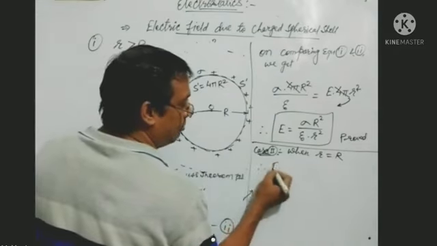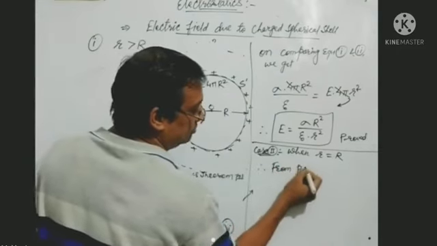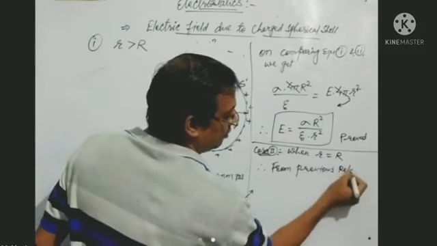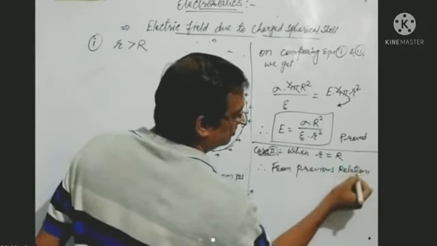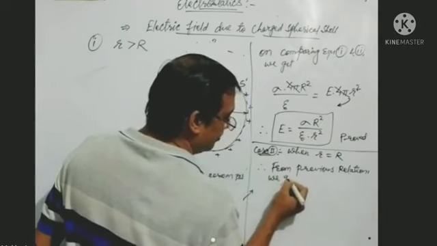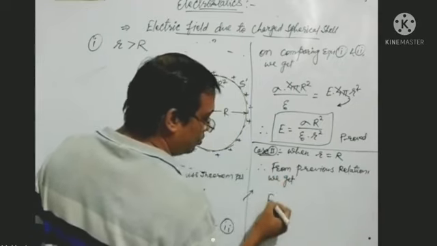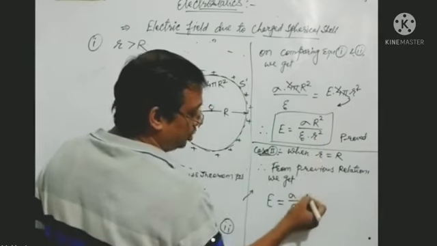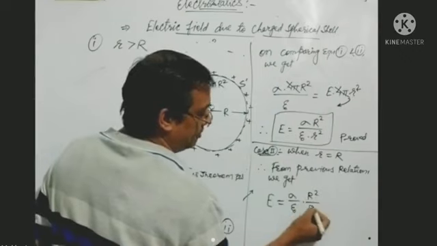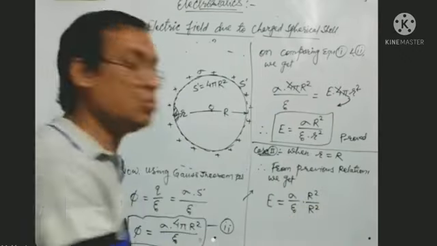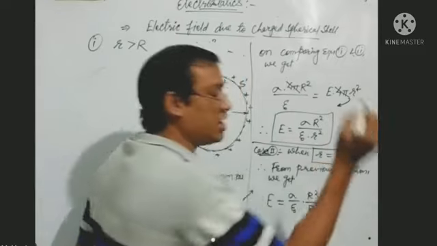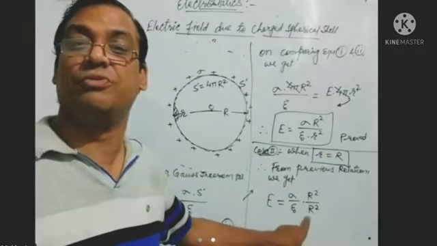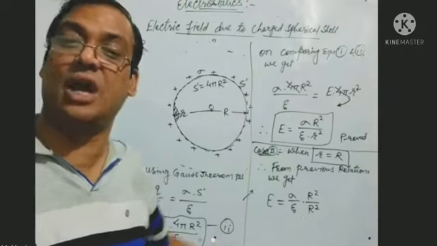Therefore, from the previous relation, we get E equal to sigma by epsilon naught into capital R square upon capital R square. As you know, small r will become equal to capital R, hence we get small r as capital R here.